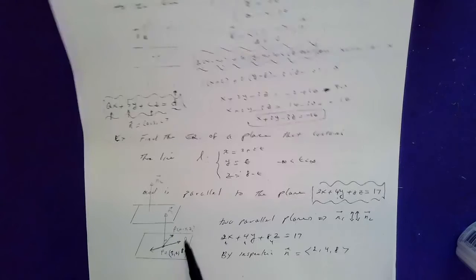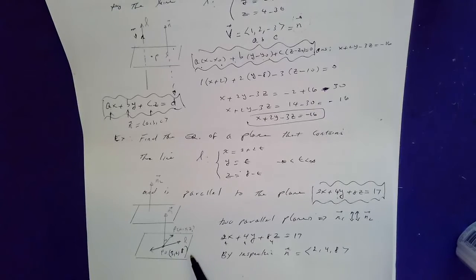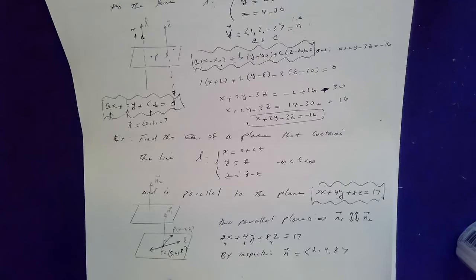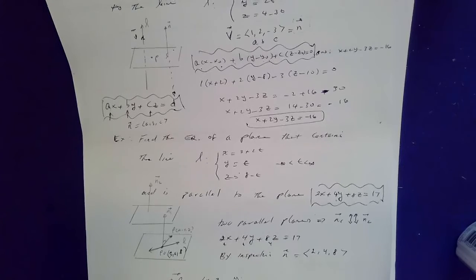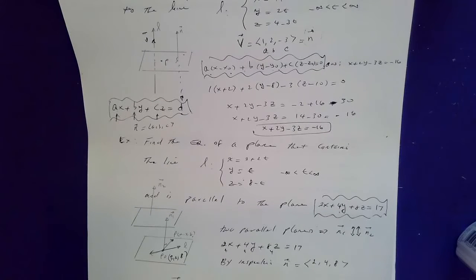P(x, y, z), and now form this vector. So you would get P0P is equal to x minus 3, and then y minus 0, terminal minus initial, and z minus 8.